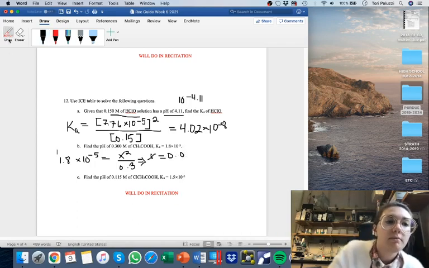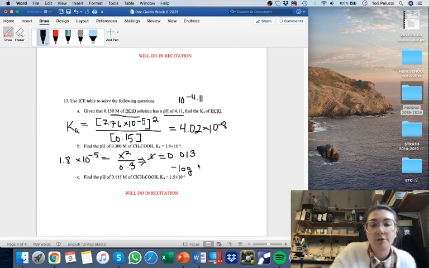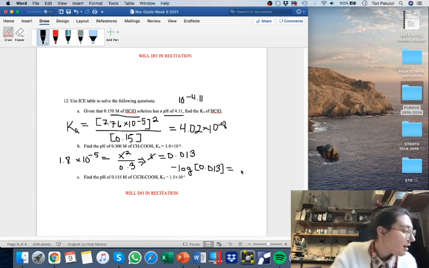Which then I know that I have to plug back in, so I just have to take the negative log of this, because again, we just found the concentration of our hydronium. So if I want to get pH, I have to take the negative log of that, and then that means that I get a pH of 1.88.